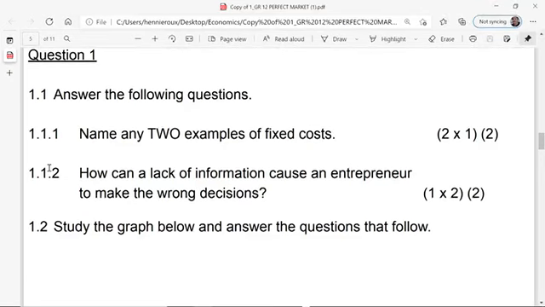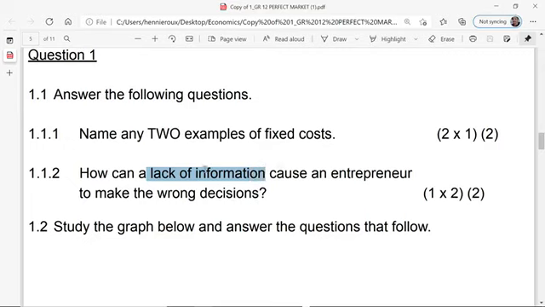Number 1.1.2 asks, how can a lack of information cause an entrepreneur to make the wrong decisions? So we need to first understand what this question is asking, okay? The crux of the question is about having a lack of information.